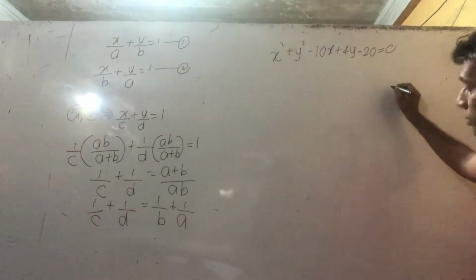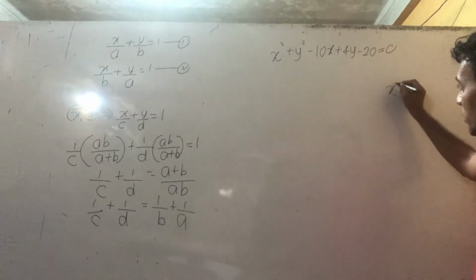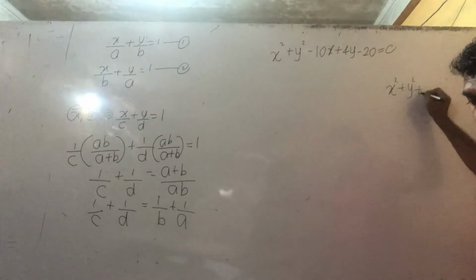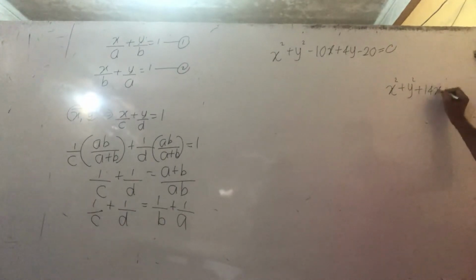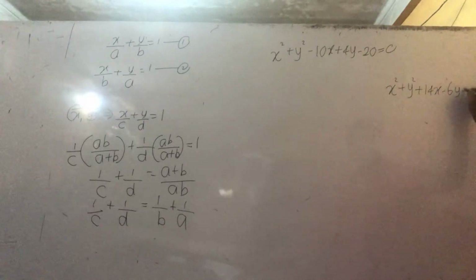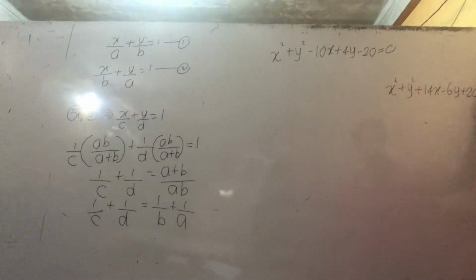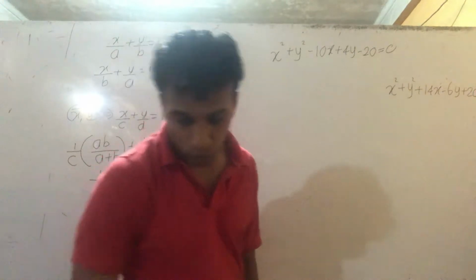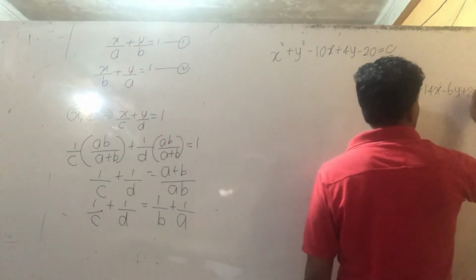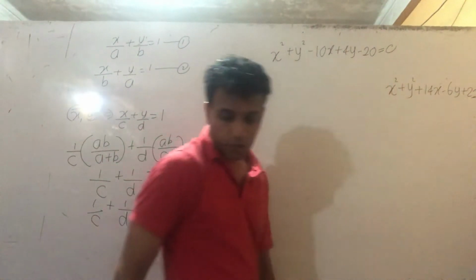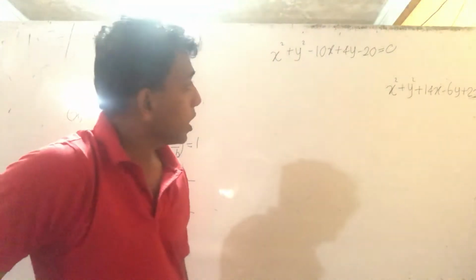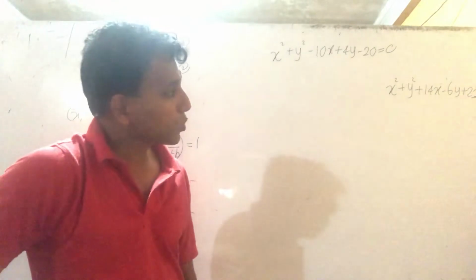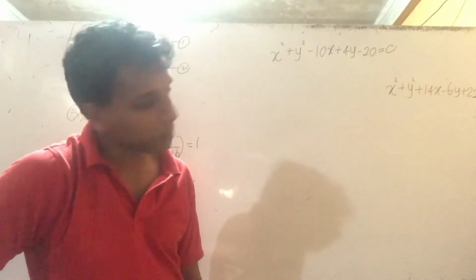Another circle is x square plus y square plus 14x minus 6y plus 22 equal to 0. Check the equation properly. x square plus y square minus 10x plus 4y minus 20. The other one, x square plus y square plus 14x minus 6y plus 22.